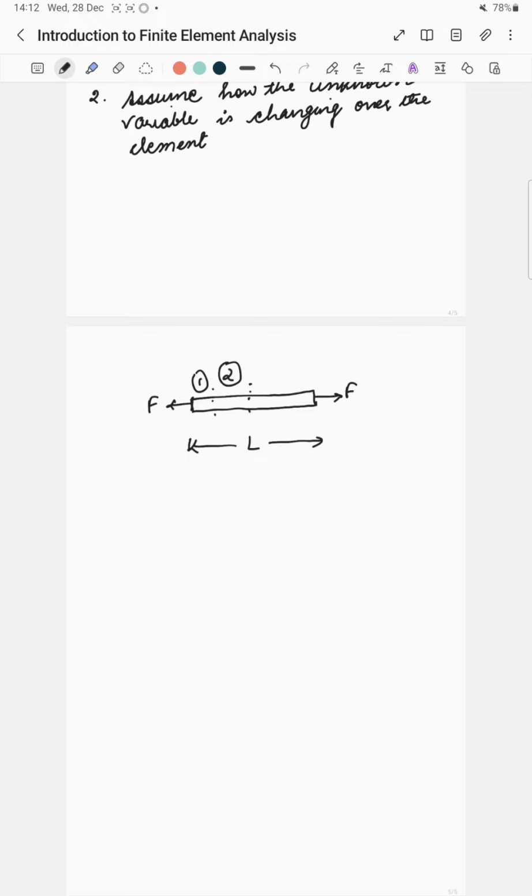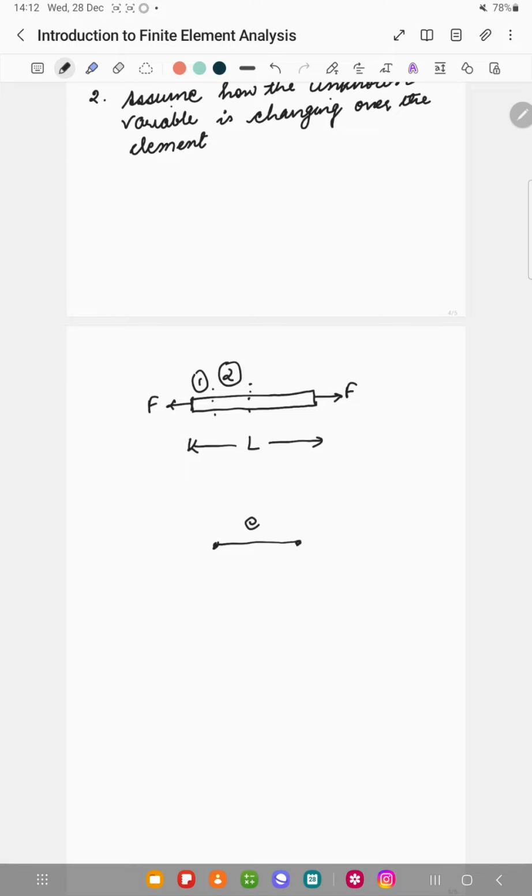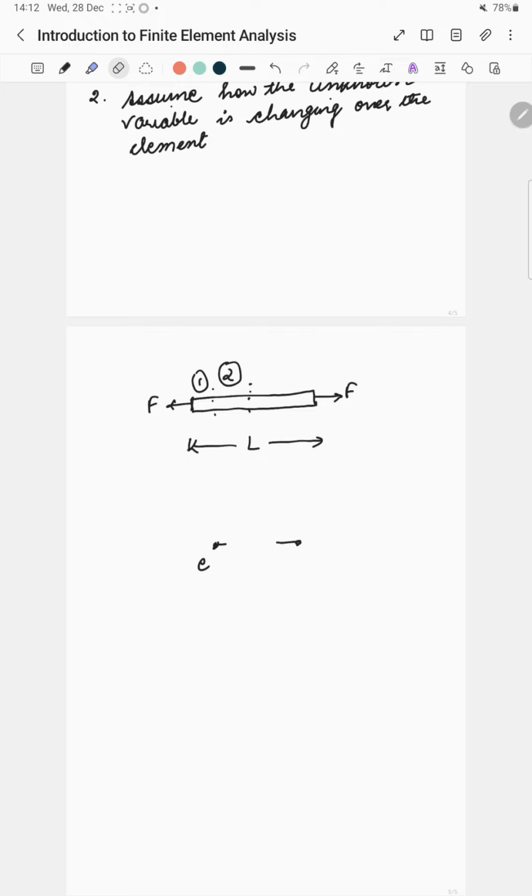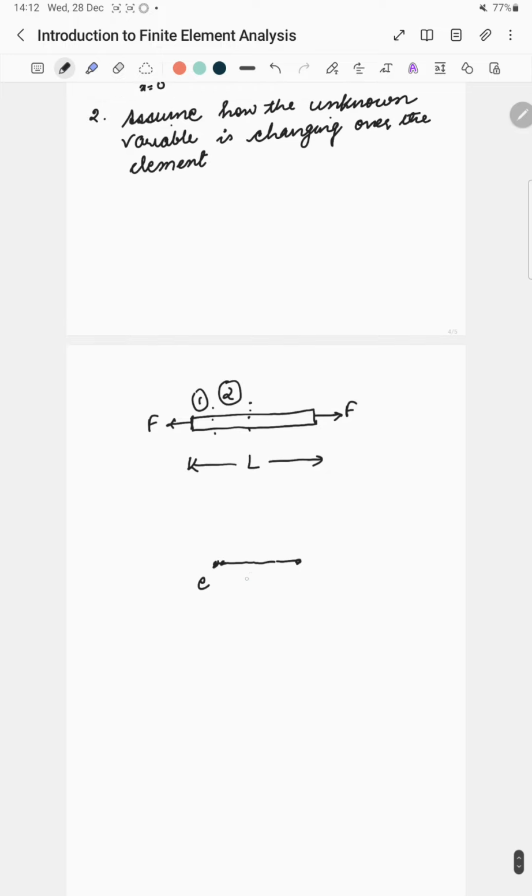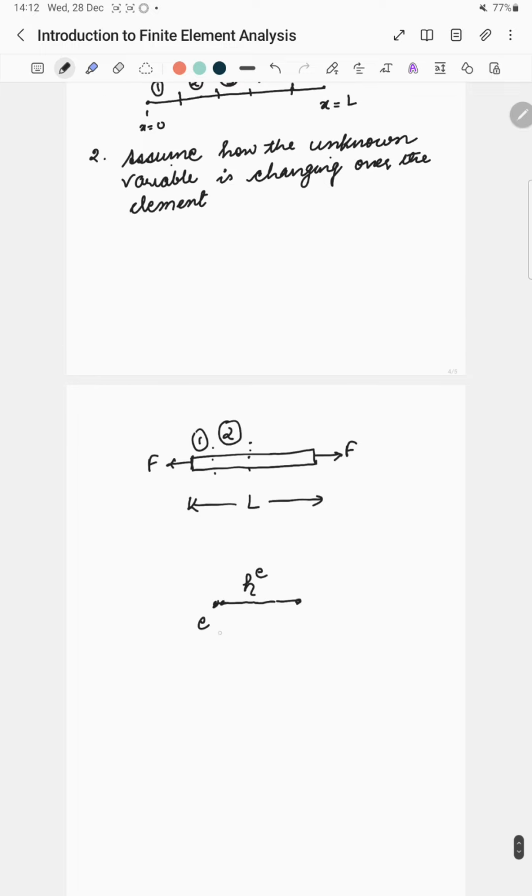So I can assume that this displacement is constant over this element. Say the length of each element is HE, and this is our eth element.